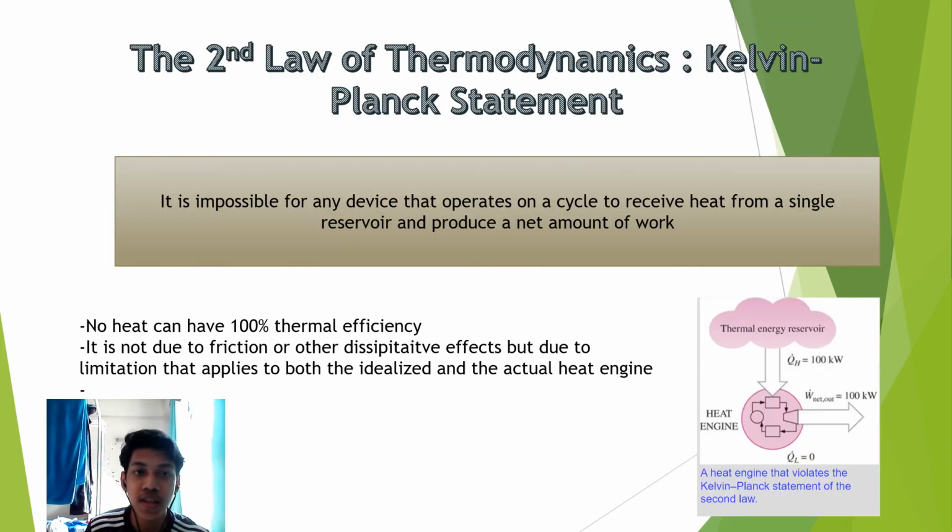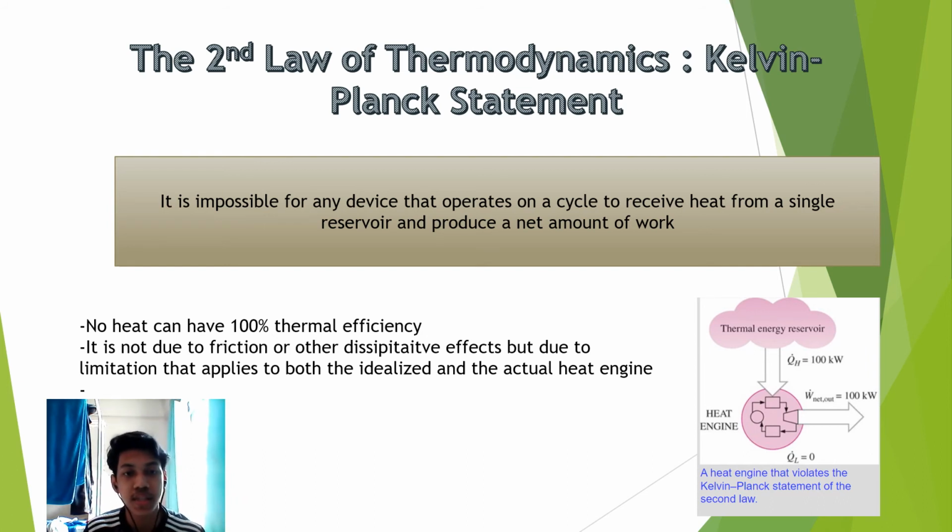Next is the second law of thermodynamics, which is the Kelvin-Planck statement. Kelvin-Planck states that it is impossible for any device that operates on a cycle to receive heat from a single reservoir and produce a net amount of work.